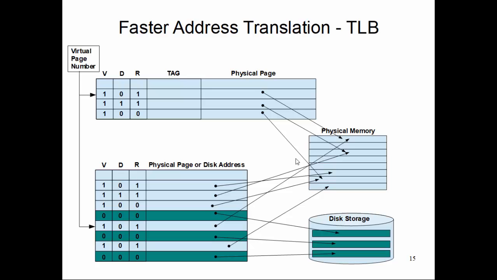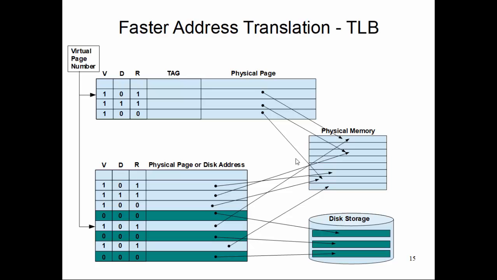So for that reason, a part of this map is stored in cache memory. That part is called the fast TLB, translation look-aside buffer, or translation look-ahead buffer. We usually call it a TLB. It gives faster address translation, because a part of the map is present in the cache.